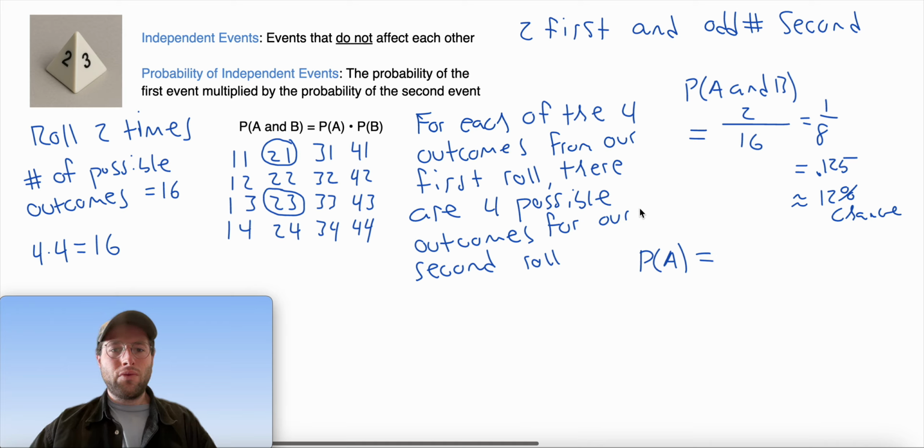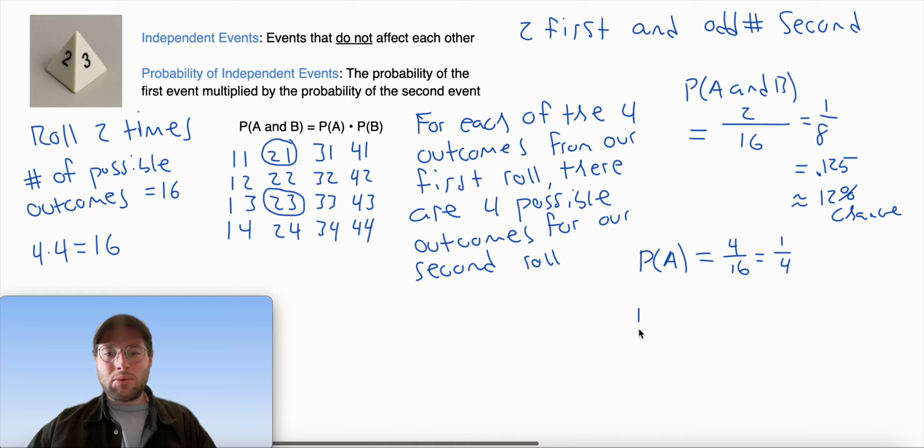Okay, so the second way, let's do the probability of A, which is rolling a 2 first. In our table here where we roll a 2 first, we have 1, 2, 3, 4 outcomes. So that's 4 out of 16, which equals 1/4.